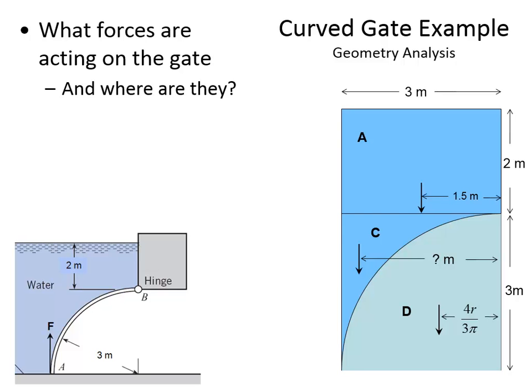And so we need to know, first of all, the delta H. The centroid for this is at the center. So vertically speaking, what is the depth from the water surface to the center of the projection? If the projection has a height of 3 meters, then it's going to be 2 meters down to the edge and then another 1.5 meters to the centroid. So delta H is 3.5 meters.